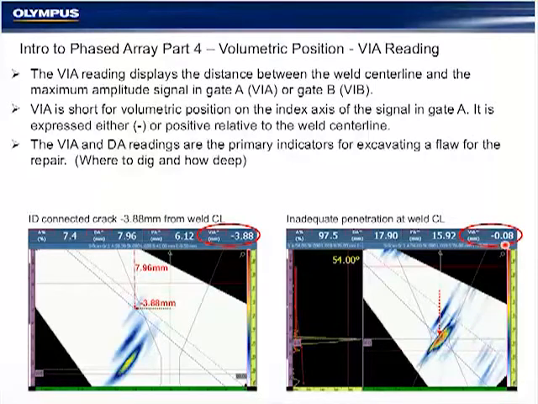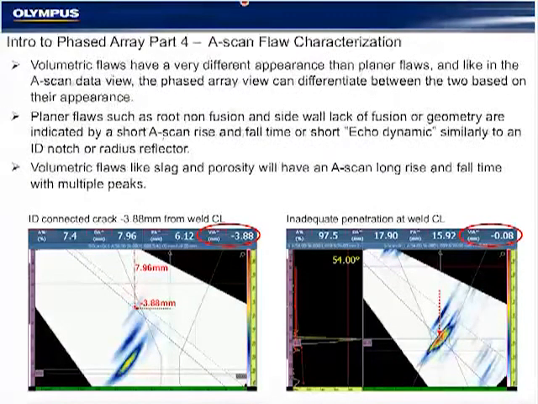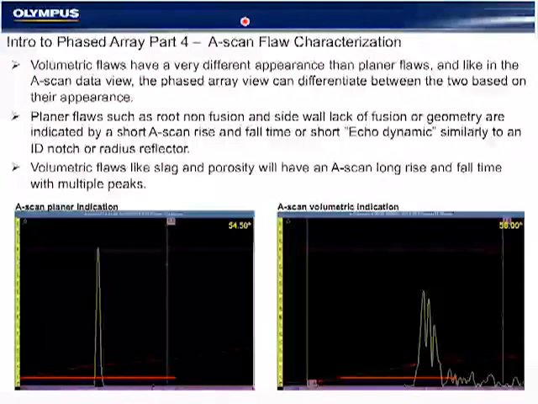Normally in manual UT, we consider this reading from the face of the probe, but in automated reading, we would need to measure it from the center line of the probe, a center line of the weld, because the probe is no longer available. It's on the scanner in the shop, and the flaw was marked.